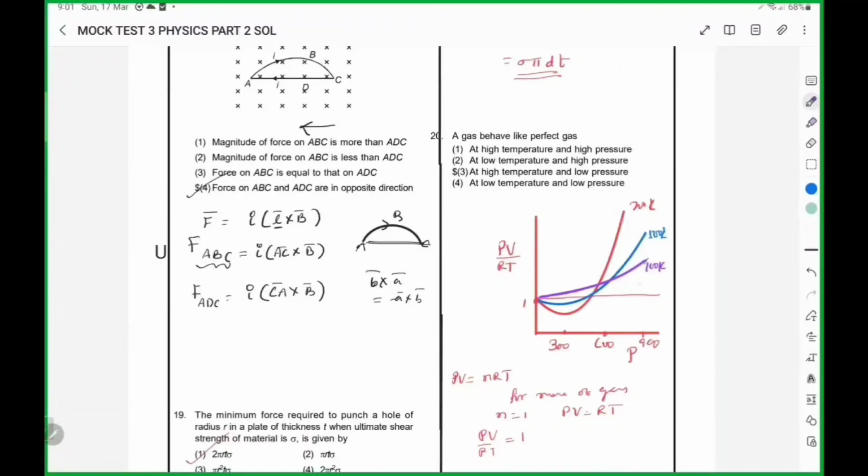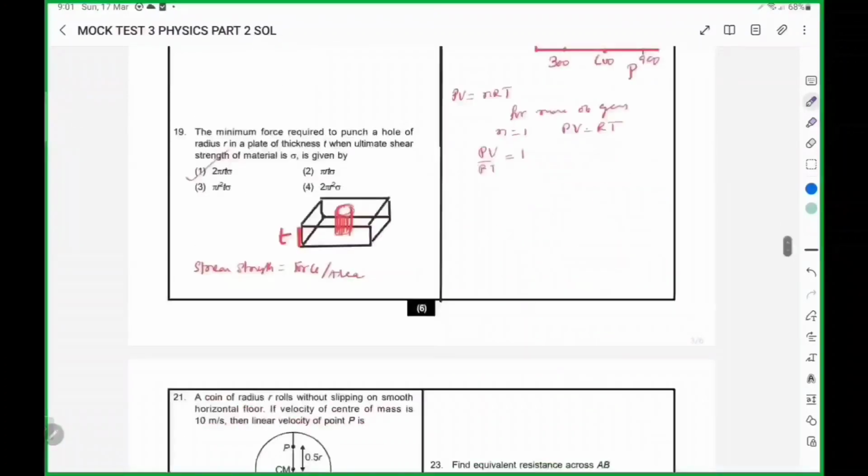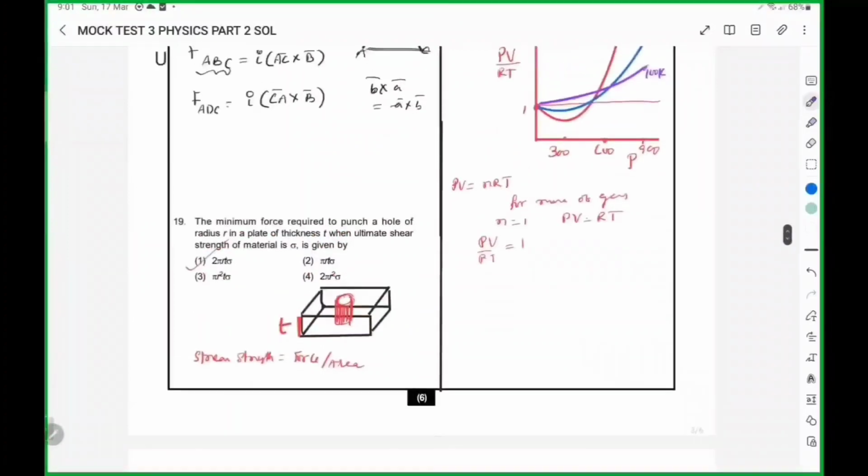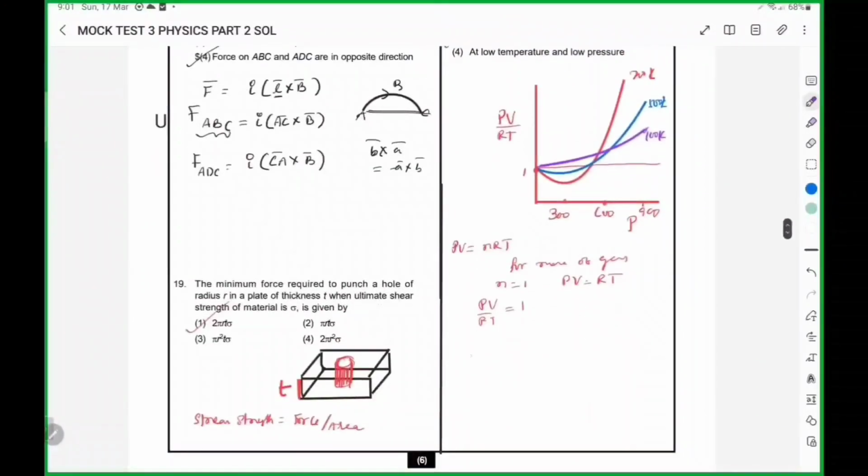At higher temperatures also closer when compared with the other temperatures. So a real gas behaves like an ideal gas at higher temperatures and low pressures.